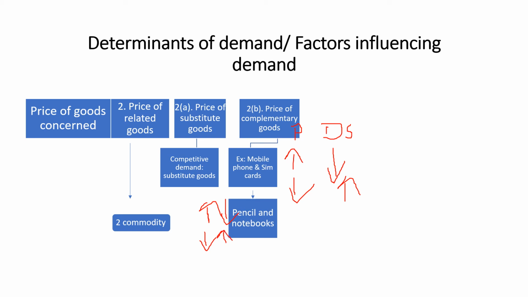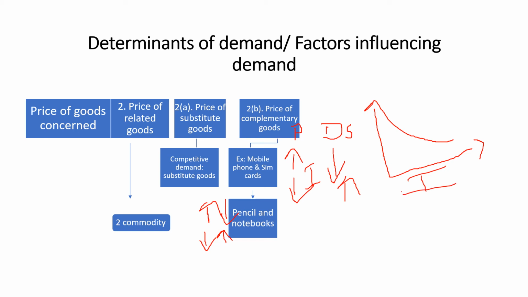So even here, there is an inverse relationship. Why I say inverse relationship is that when you draw a demand curve for this, you will get a downward sloping demand curve. That is why we say it is an inverse relationship. I hope you got the point.